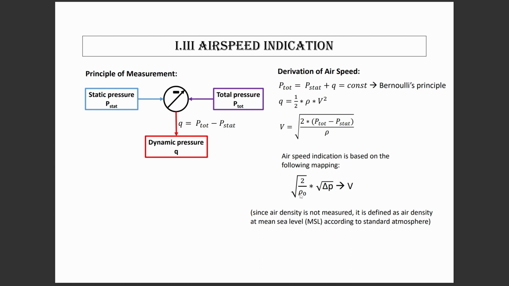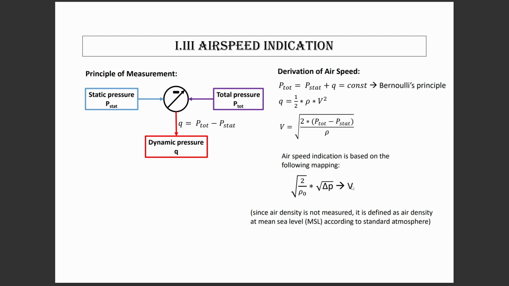It's our air density at mean sea level. And now what the indicator basically does, it transfers this table into a visual representation. So when the instrument measures a certain dynamic pressure or delta pressure, it will show the speed that we mapped to it.